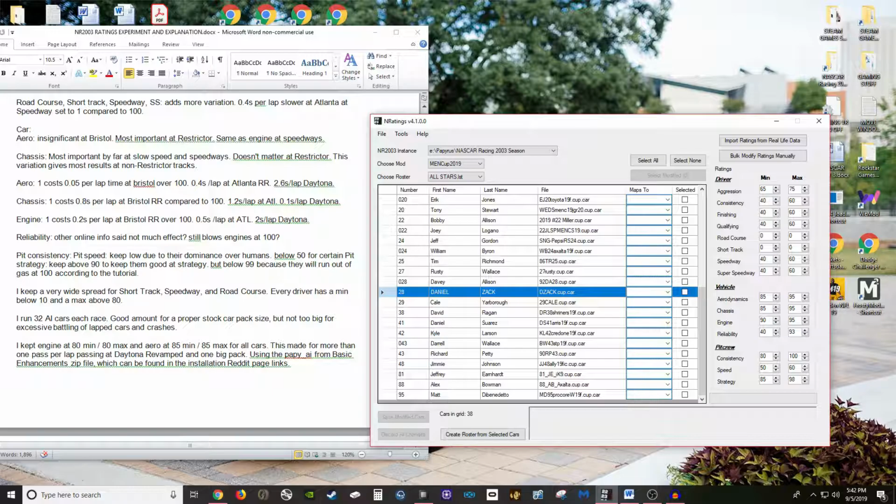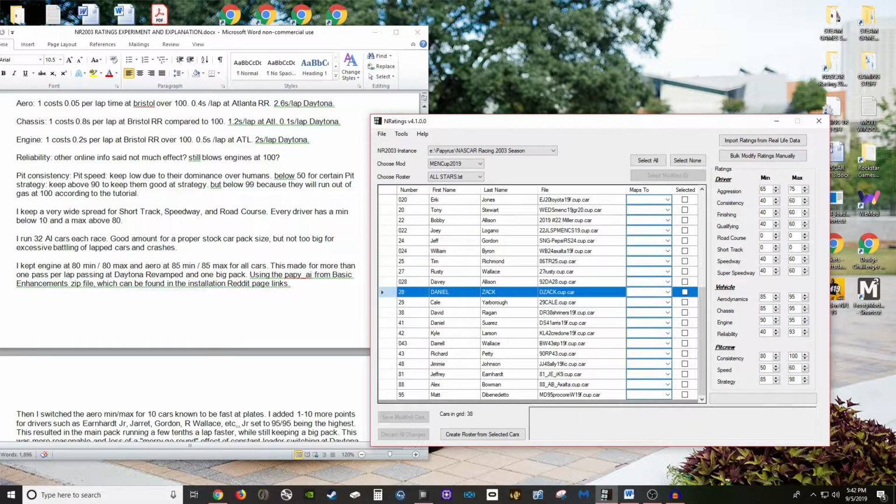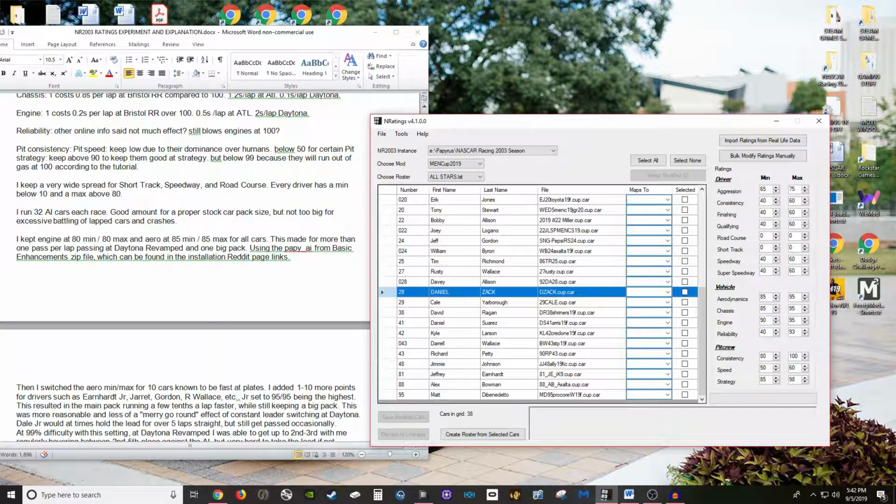Consistency is 80, 100. Speed is 50 and 60 because the speed of the AI pit crews are fast. So if you have them at 80, 90, they're going to be faster than you on a pit stop. You need to put the pit crew speed at 50 to 60 so they match your pit crew, and that'll keep everybody with the same speed.